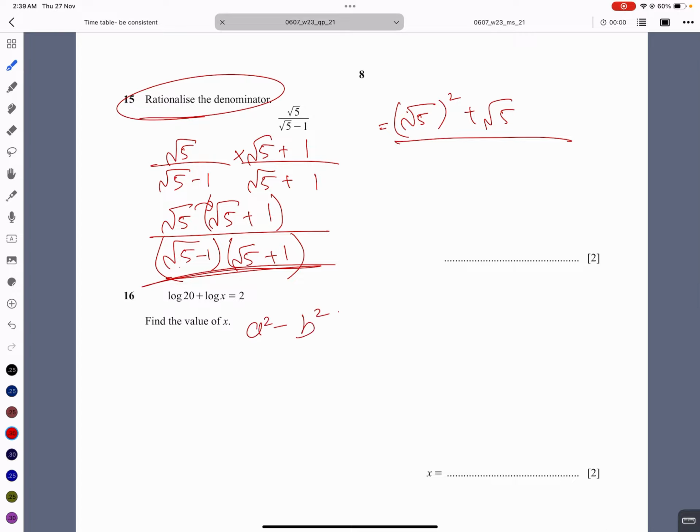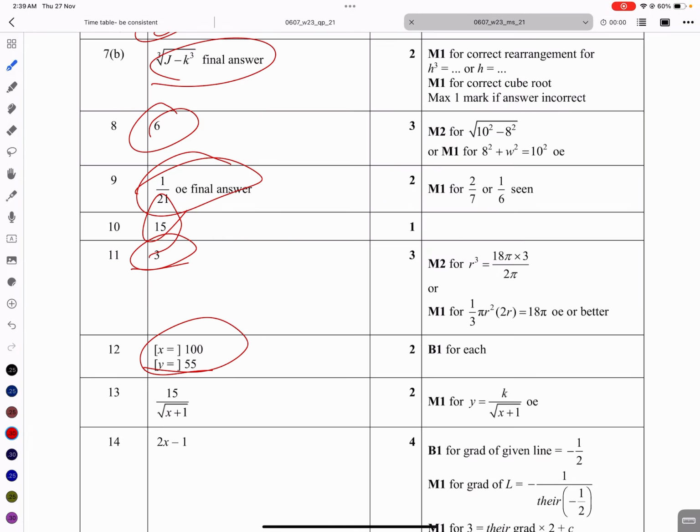Whenever two things are the same in the bracket but only the signs are opposite, first value is squared, second value is squared, and then you just put the sign of minus between them. This will cancel with this, this will cancel with this. 5 under root 5, 5 minus 1, 1 square is 1, 5 under root 5 over 5 minus 1 is 4. So 5 under root 5 over 4 is the answer.